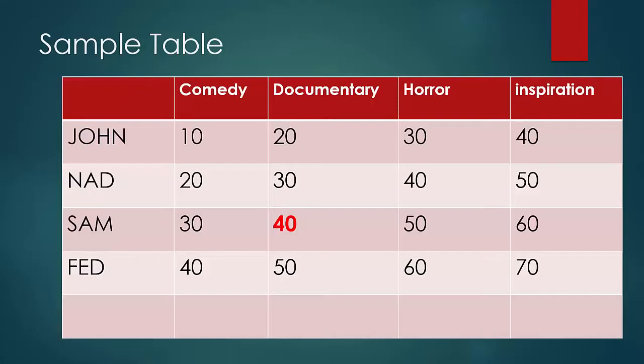In this sample table, we have 4 users who have given ratings for 4 different kinds of movies. If we want to delete Sam's rating on documentary, in an RDBMS table, we can run an update query to change this particular value to a different value.